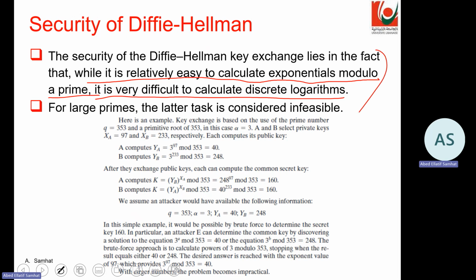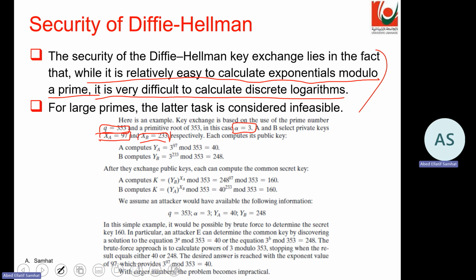Here we just take an example. Let's say we take q equal to 353 and a primitive root of 353, which is, for example, 3. Let's assume that Alice selects a secret key 97 and Bob selects a secret key 233. Then how do we compute the public keys and the exchanged secret key?